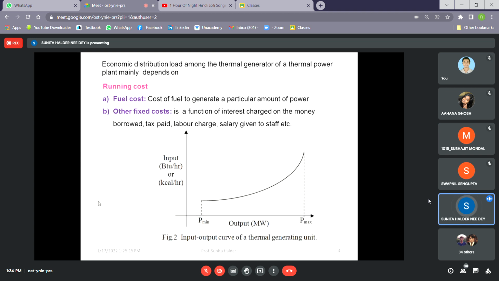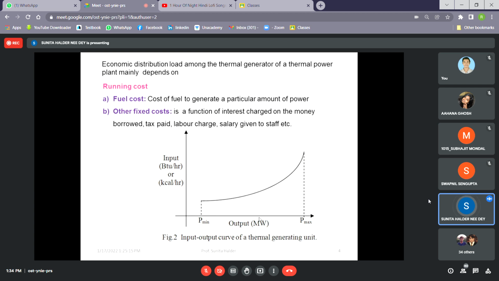So generally, if we plot the input-output curve of the thermal generating units, input means the turbine power, output means the generated power, then there is a minimum value and a maximum value. Why am I discussing this? This is in your syllabus, how they vary. You should have that concept.